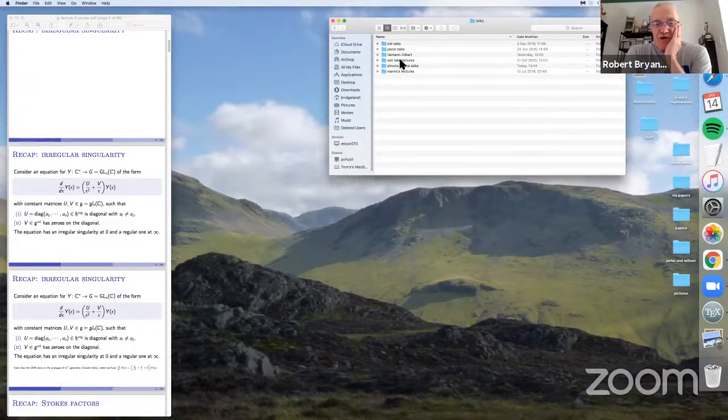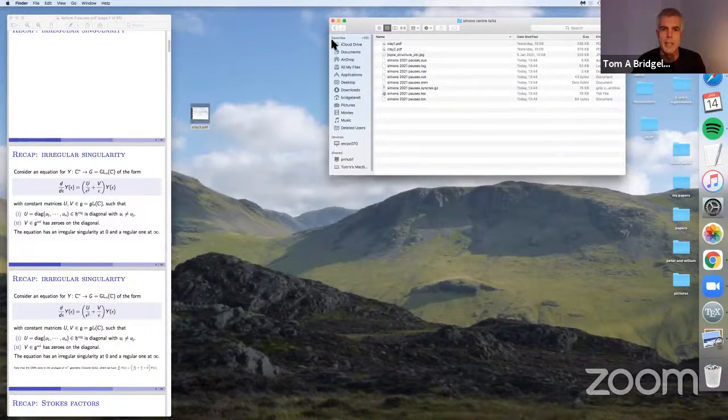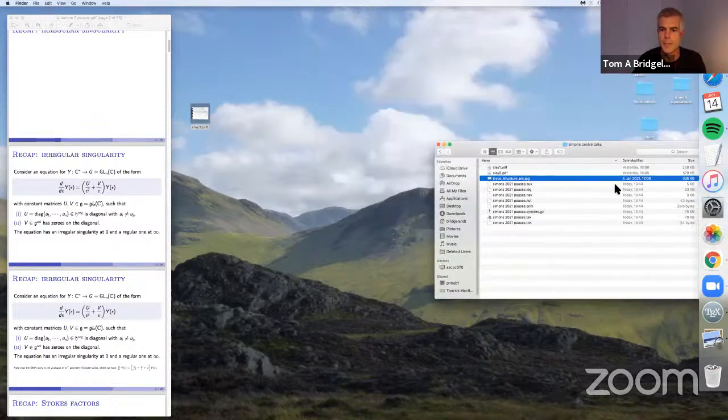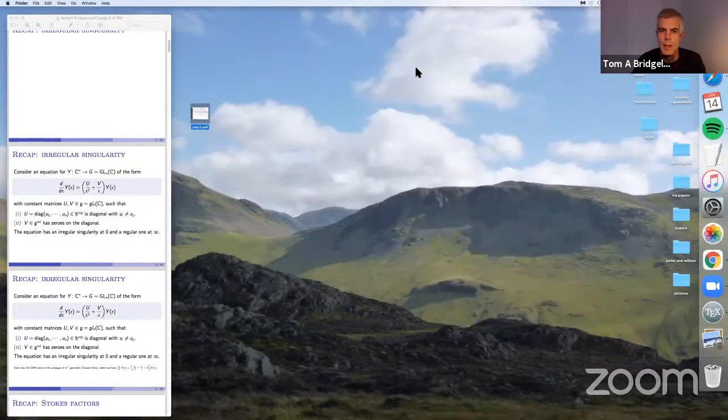Yeah, apparently you can just put it in your Dropbox and then put the Dropbox address in the chat, and that works. Okay, but this will work too, hopefully. If I can find the chat. So how do I make this big again? Let me just stop sharing screen a minute. Where's the chat gone? I think you have to click on the chat icon to make it come up.